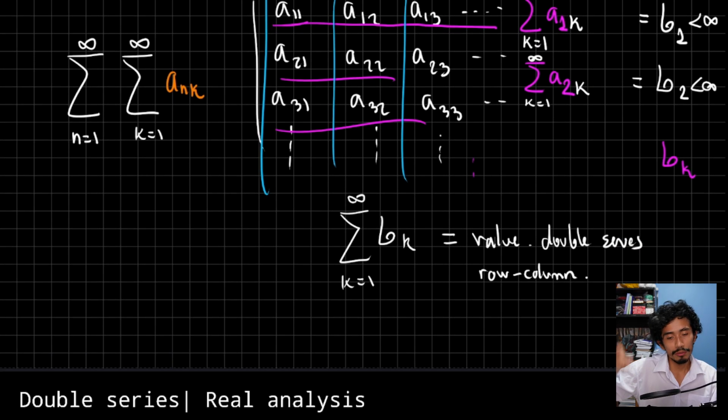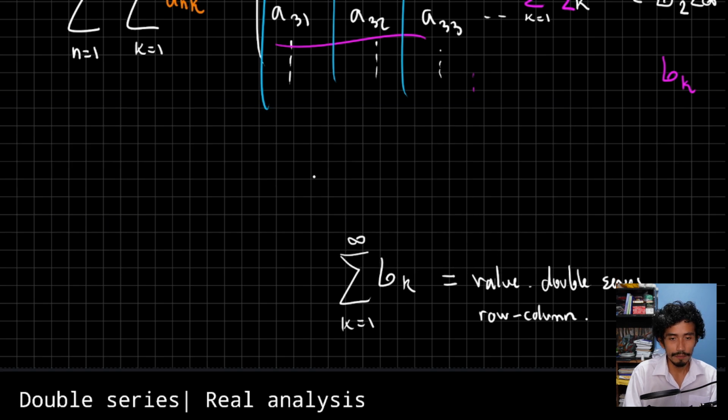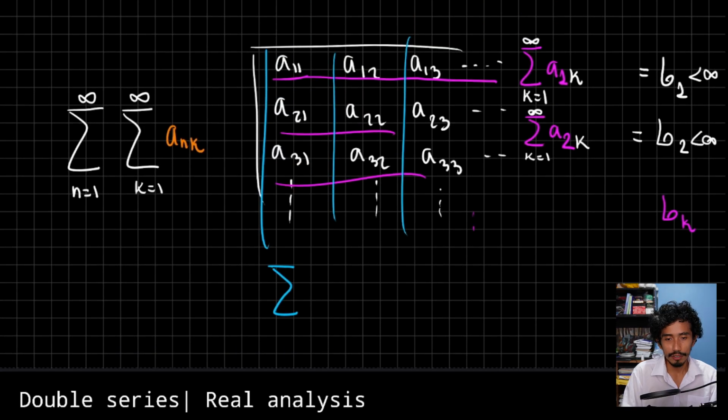If we go column-row, we will have a different scenario. Now we fix the value of k. So this is the column k equals 1, the terms a_{n1}, and we let n take all of its values, and this will be called, let's call it C1.